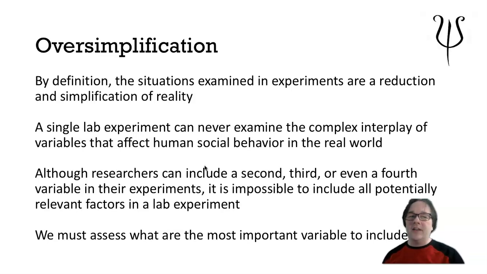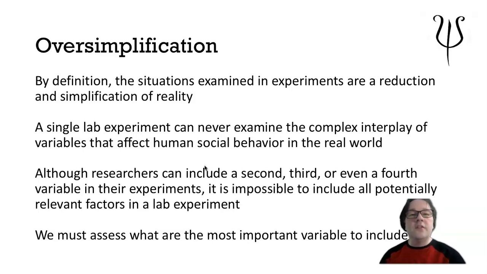we have to understand that the type of research that we do is really just an oversimplification of the real world out there. So although researchers can include a second, a third, or even a fourth variable, and I would say you can include as many variables as you want in your experiment, ultimately it'll become impossible to manage that study.